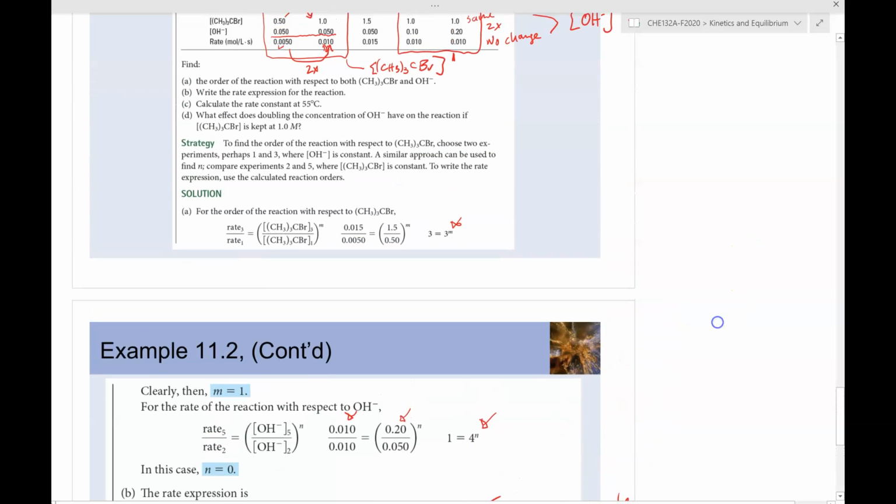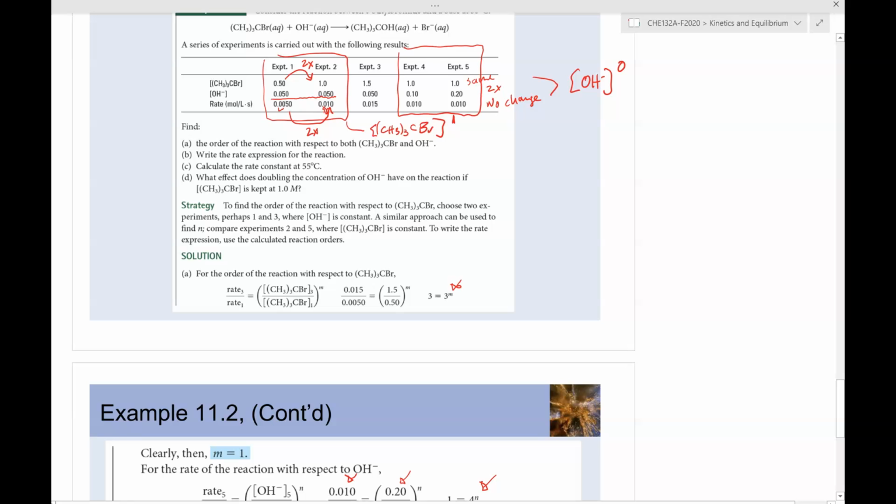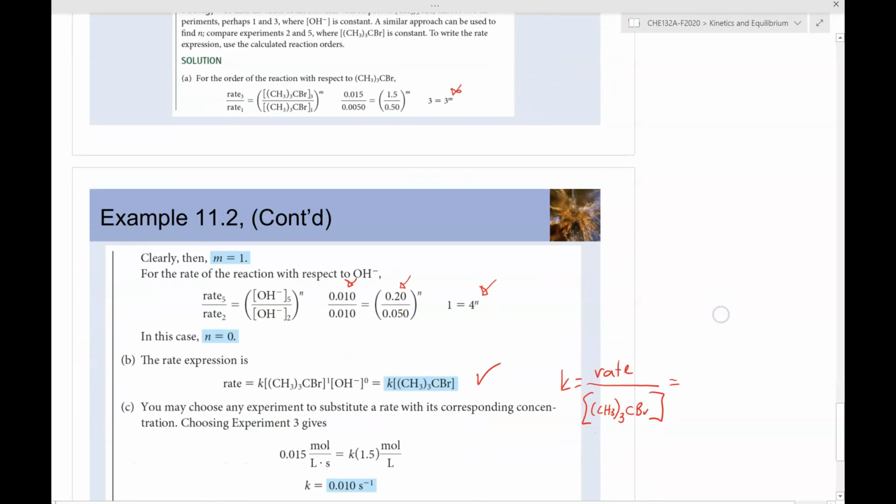If I go up here to experiment 5, it's 1 and 0.01 is our rate. So we have 0.010 over 1.0. Well, I think I can do the math on this one. This is molarity per second. And I don't square this or anything because it's first order.